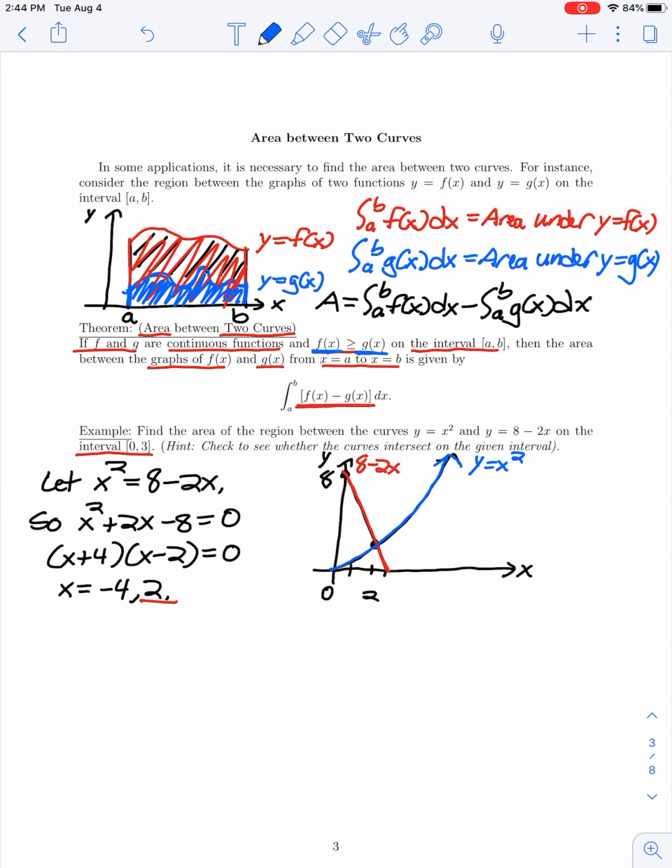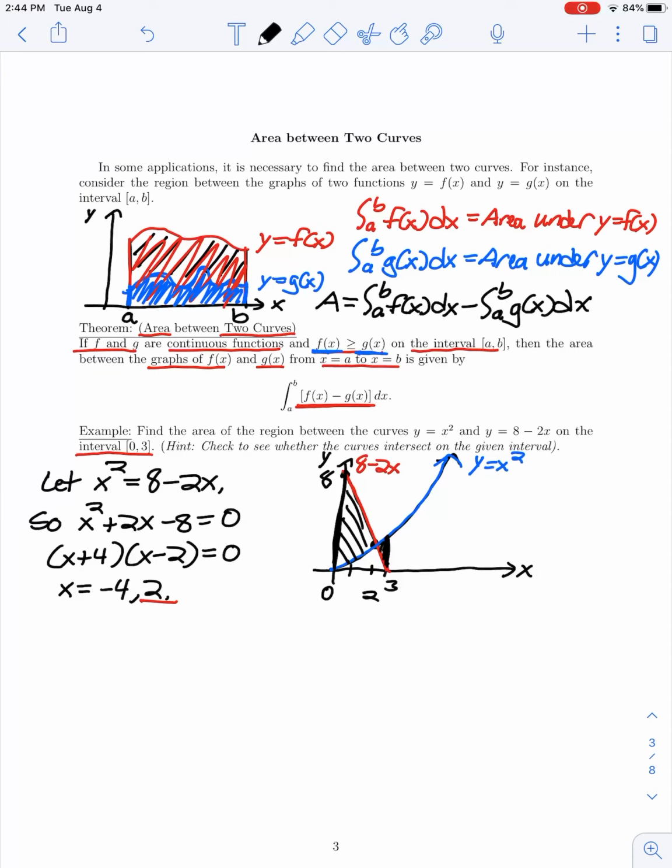We see that on the first part of our interval, from x equals 0 up to 2, the top curve is our line, 8 minus 2x, and the bottom curve is x squared. And on the remainder of our interval, from 2 up to 3, the blue curve is on top and our red curve is on bottom.